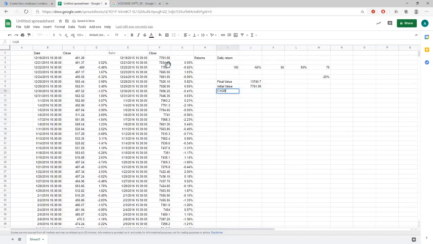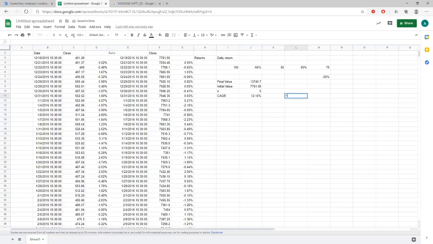So n, the number of years, is actually 5. So my CAGR is given as the final value divided by the initial value, to the power of 1 by 5, minus 1. Now if I convert it into percentage, it is 12.1%.